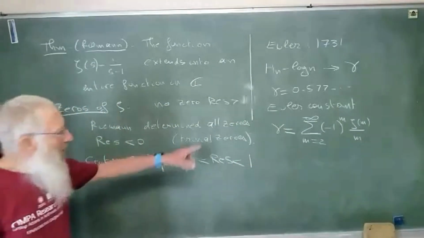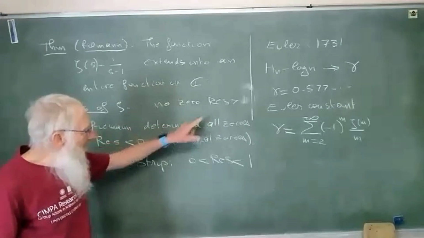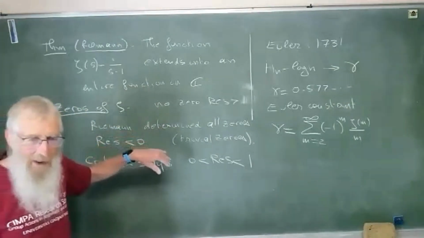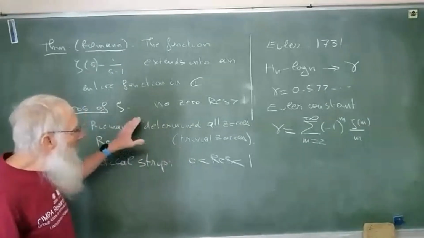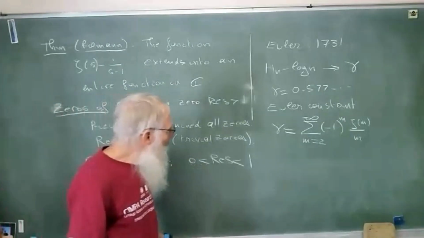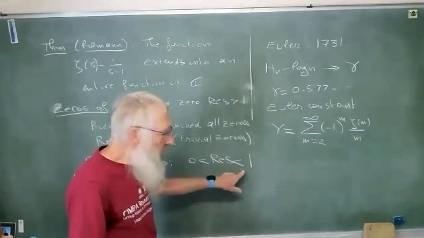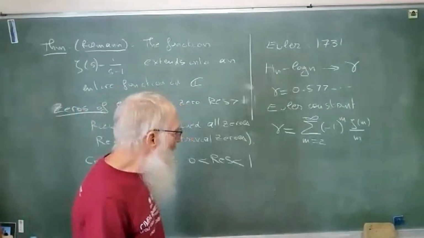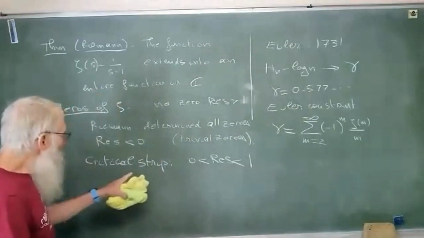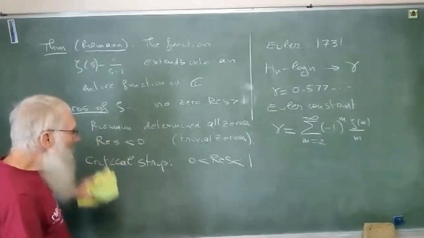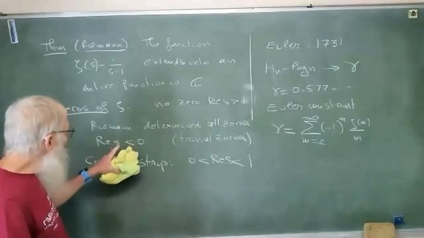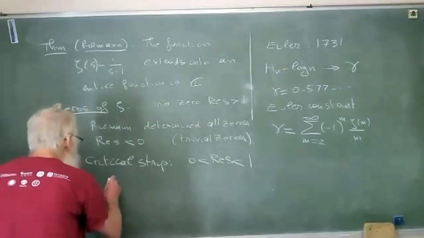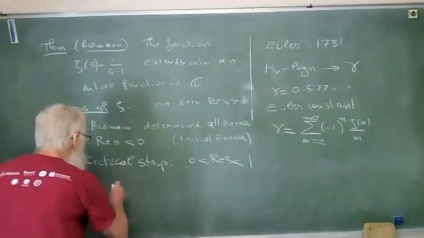Well, there is real part of s equal 1 and real part of s equal 0, which is remaining, but we will see that it was not proved by Riemann, but we will see that there is no zero for the real part equal to 1. The proof is quite nice, and I will give it tomorrow. So the critical strip is this one. And what Riemann proved is that inside the critical strip, there are infinitely many zeros, which are called the non-trivial zeros.